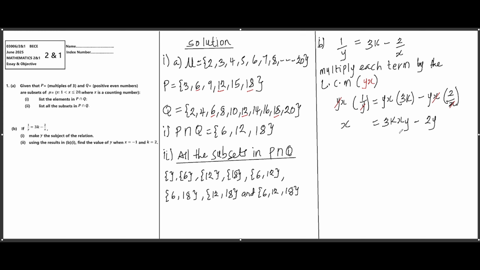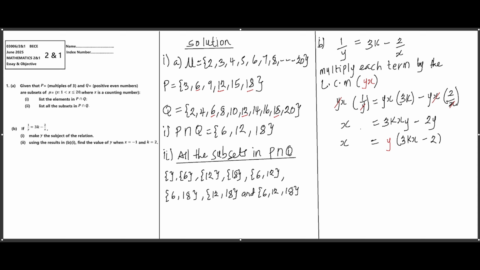So we see that y is common to these two terms, so let's factorize y out. When you factorize y out, what is left? We have 3kx minus 2.